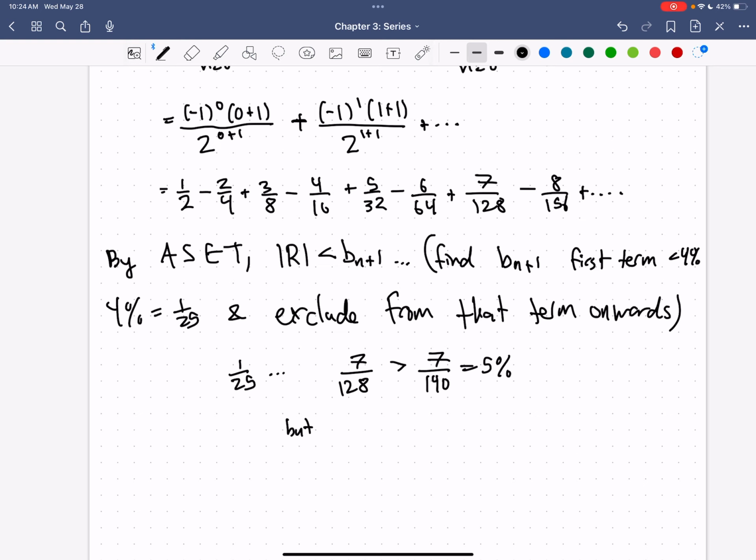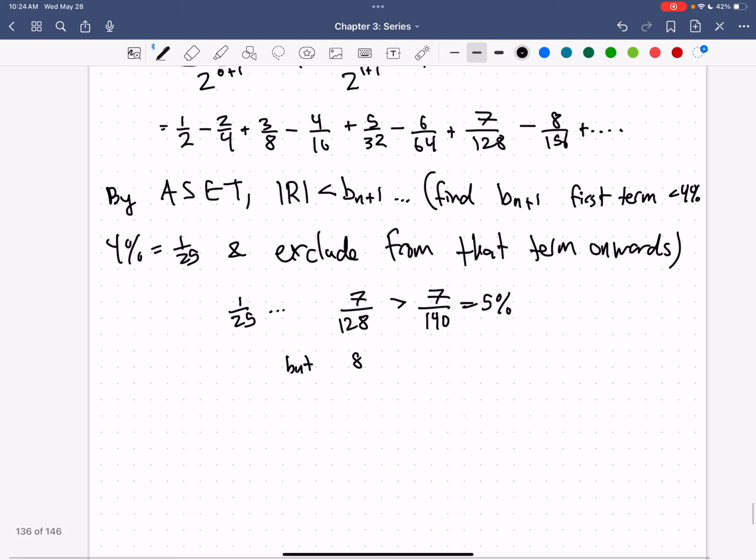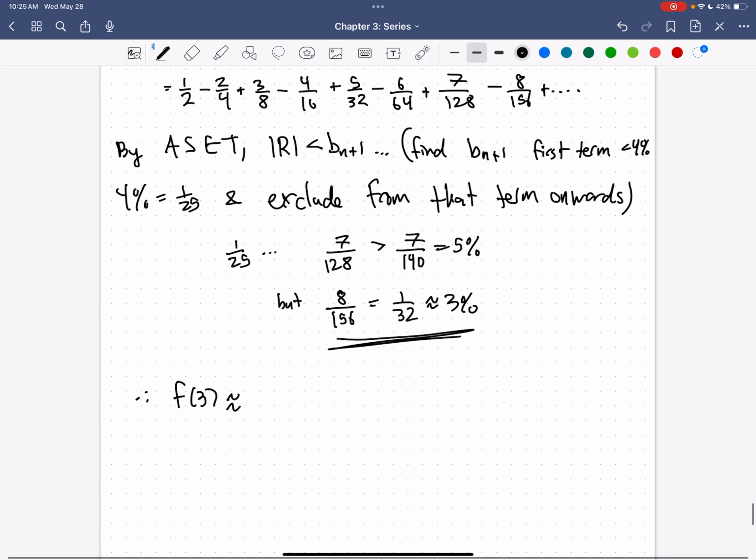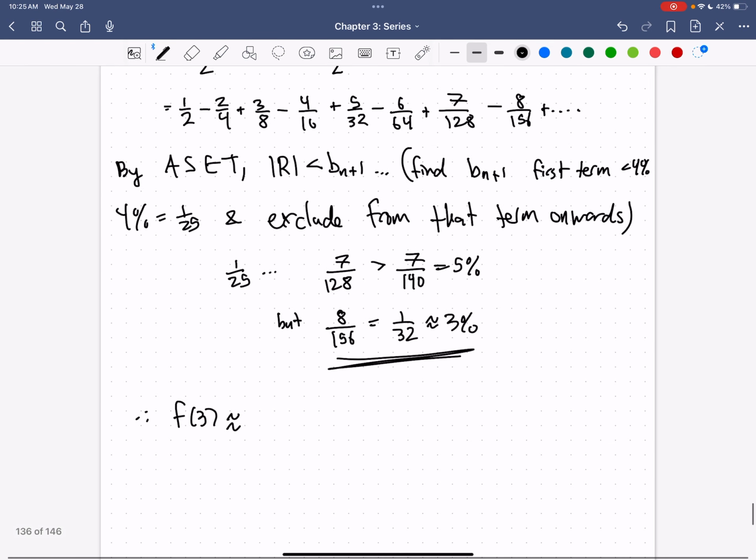However, 8 over 256, that's equal to 1 over 32, which is about 3%. So this is that first term that we're looking at. So that means we'll estimate f of 3 with all of the terms before that.